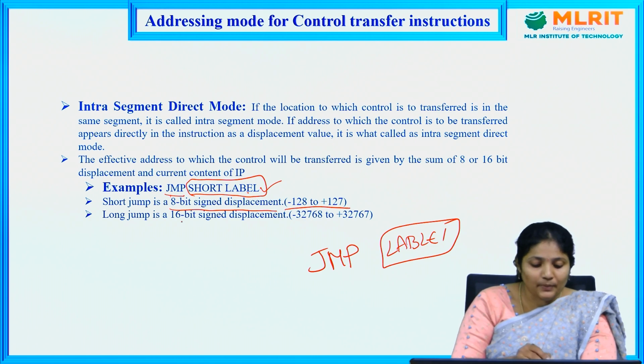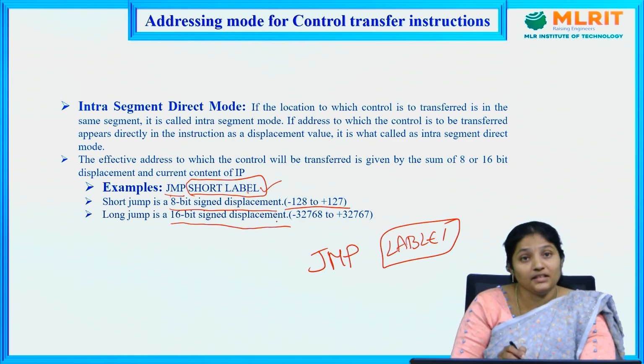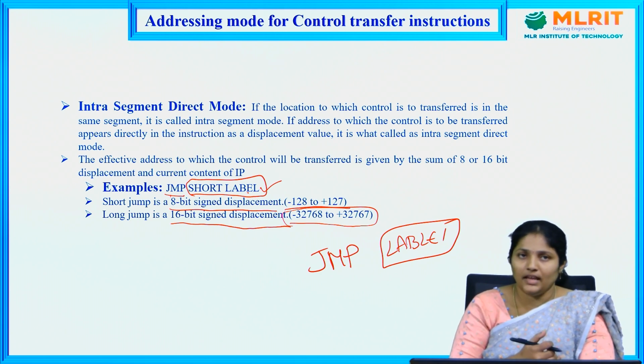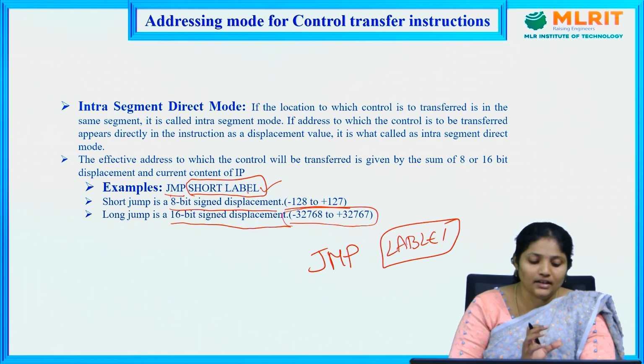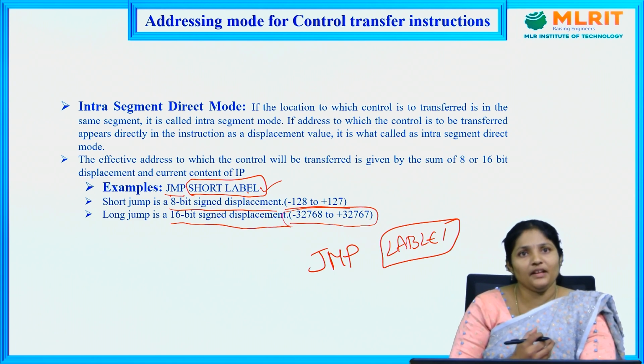If it is a 16-bit displacement, then it is a long jump. But the control should be transferred within the same segment, then it is intra-segment. And if we mention the displacement directly in that instruction, then it is the intra-segment direct mode.